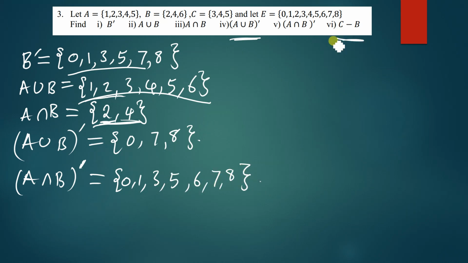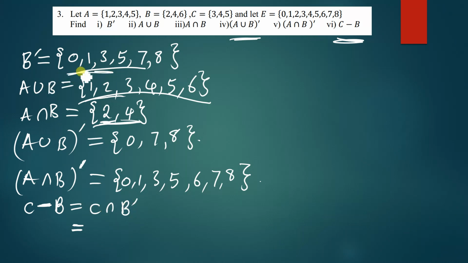Let's now move on to the last part of the question, which is C minus B. Let me simplify it for you. C minus B is just the same as C intersection B complement, meaning we find the common elements between C and B complement.